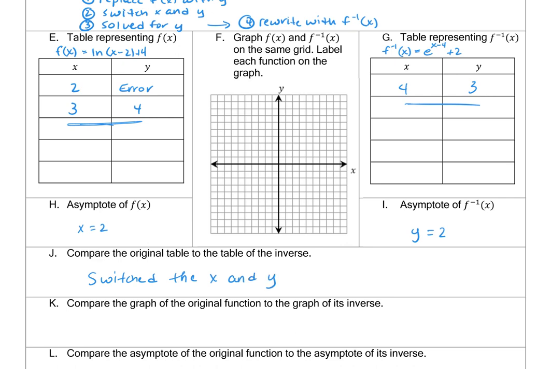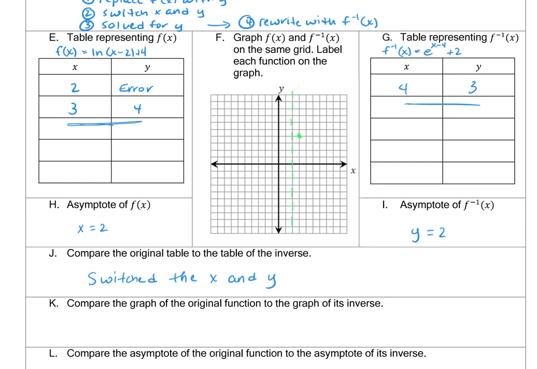All right, and so what we should see here, and this is going to be interesting, x plus 2. So I'm going to graph this in 2 different colors. So I'm going to do x plus 2, and then the only point I have is 3, 4. That's lovely.